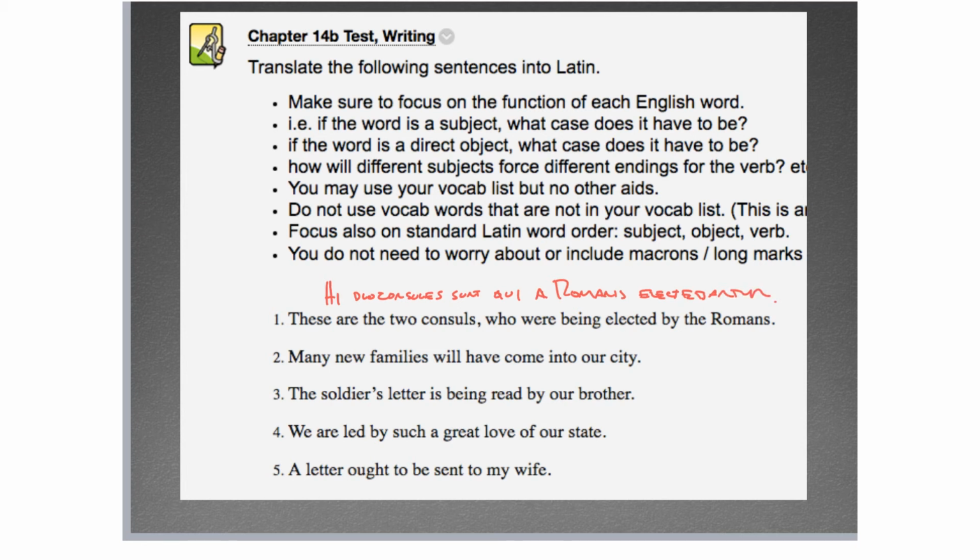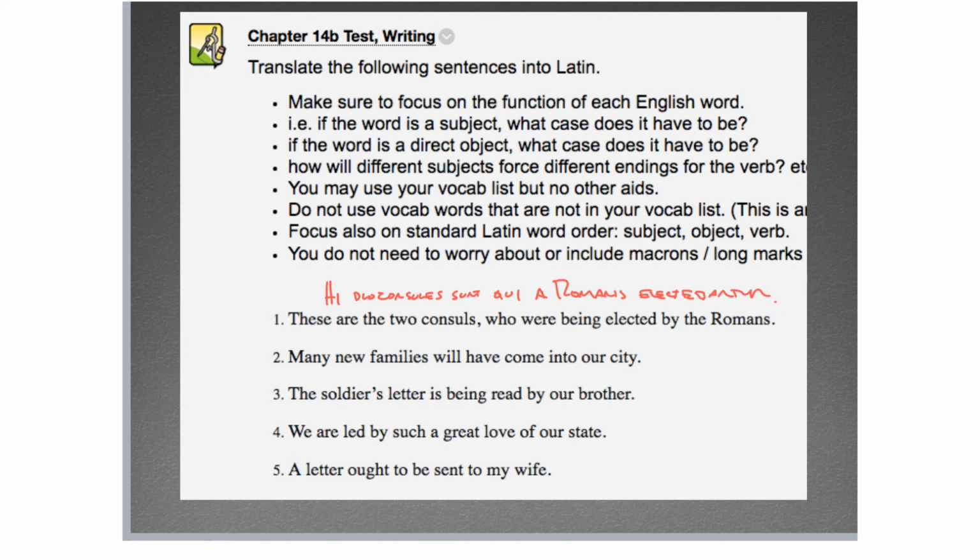All right. So these are the two consuls who were being elected by the Romans, and that Romanis, that's that ablative agent that we learned at the beginning, right, as part of the chapter. So there's my passive verb, there's my ab, and there's my person in the ablative. That's the object of ab.